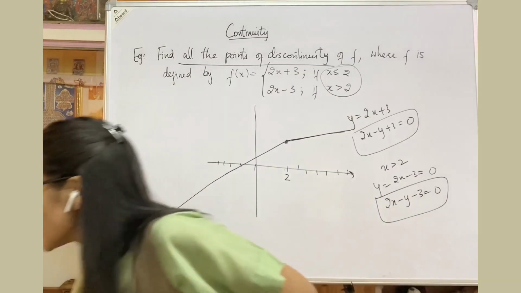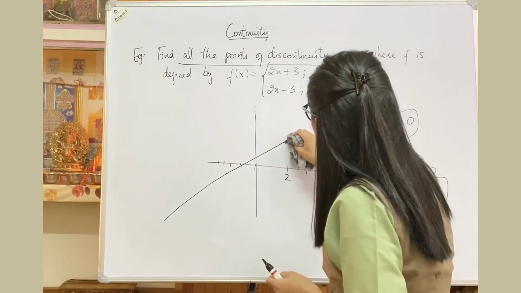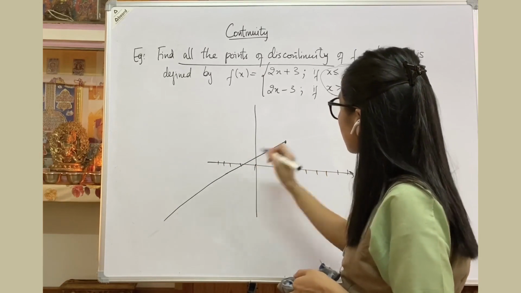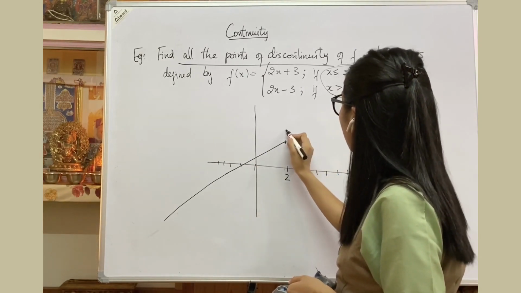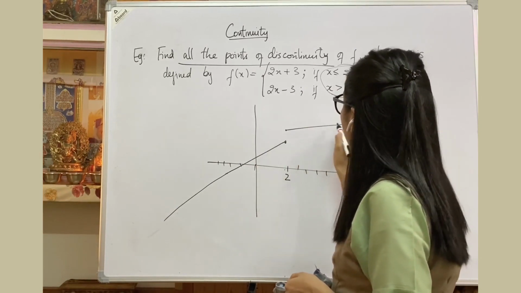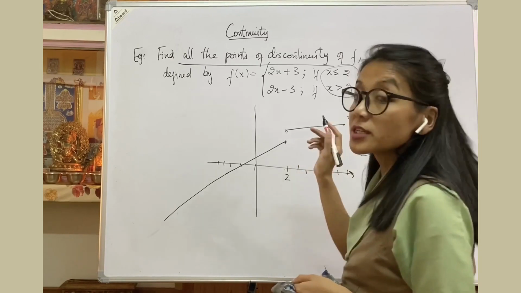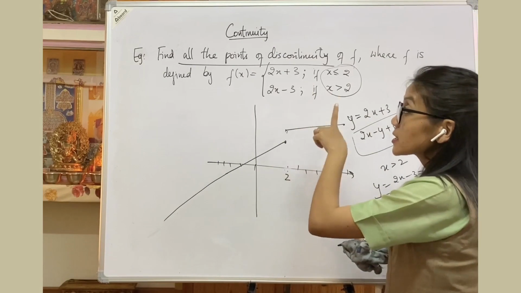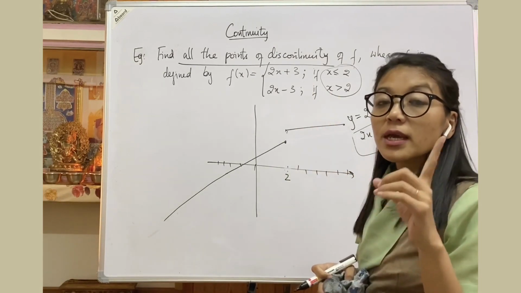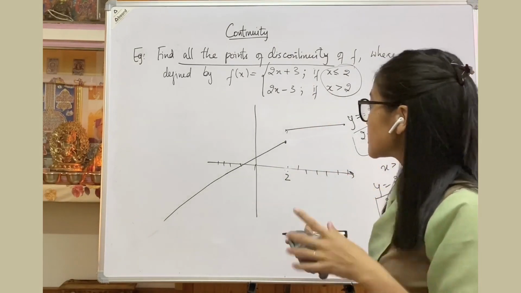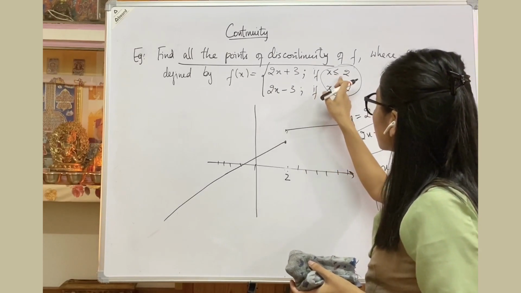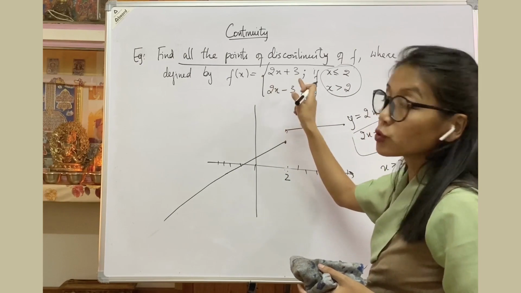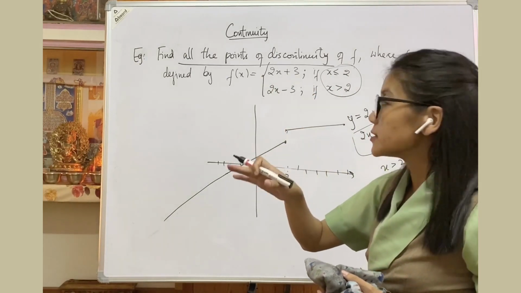Now the second case may happen. Up to 2 it is a straight line, okay? So here you may get a graph like this, okay? Then in this case the graph of the function is broken. So in that case you will write 2 is the point of discontinuity. There will be only one point of discontinuity, because for all real numbers less than or equal to 2, it is the same graph, a line, which is continuous.